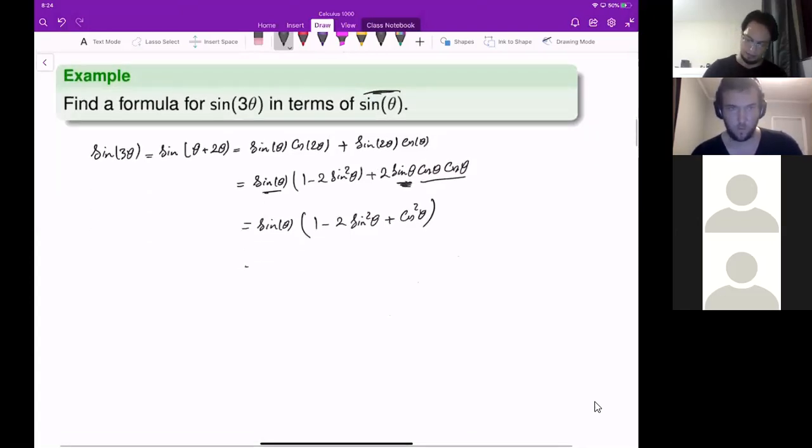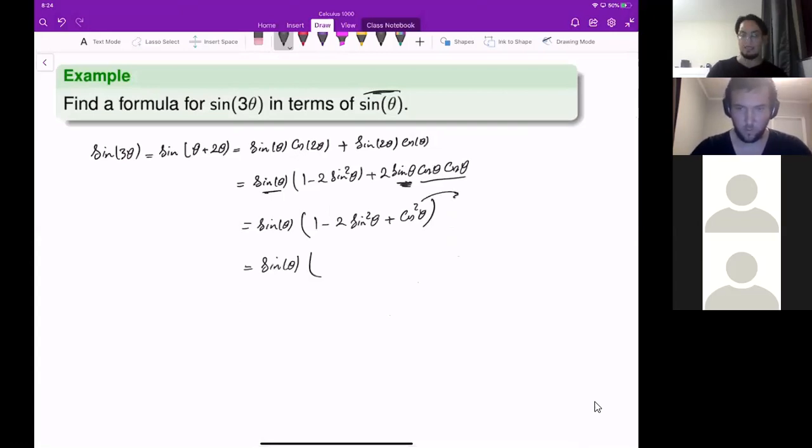And now, here, cosine squared theta is 1 minus sine squared theta. So it will be 1 minus 2 sine squared theta plus 1 minus sine squared theta.